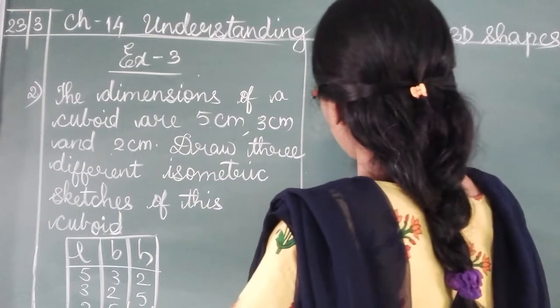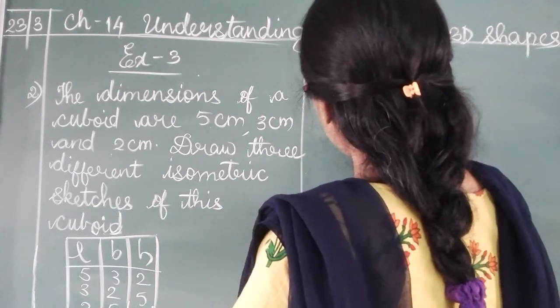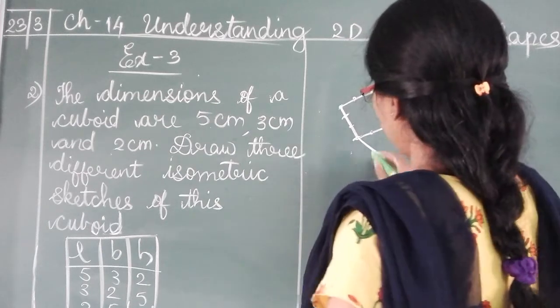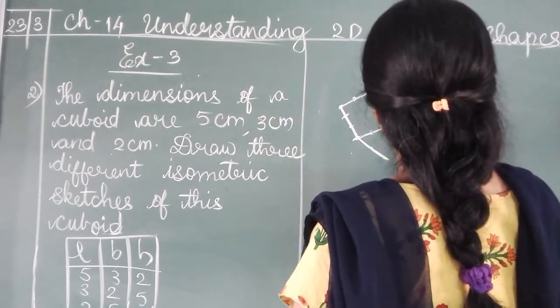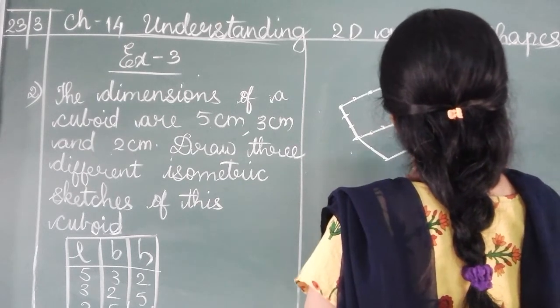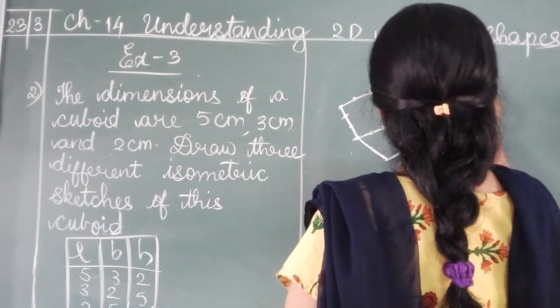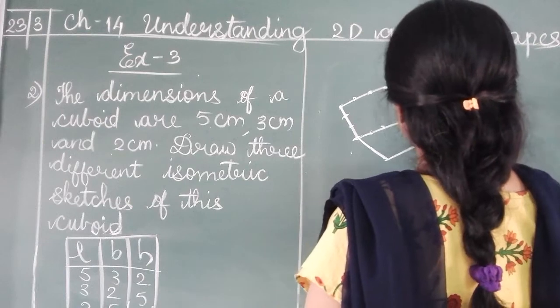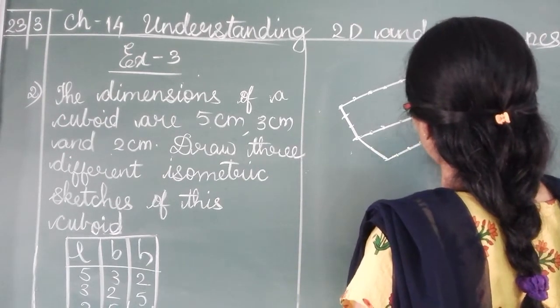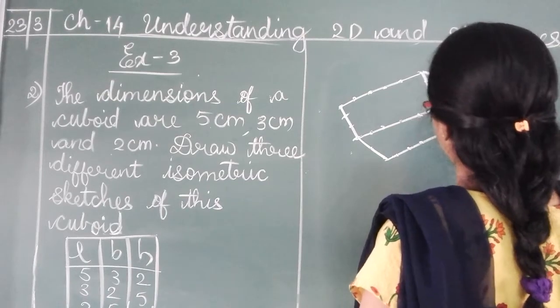In this case I am going down. This is 2, this is 2 and this is 2. If you join this, it's going to be 3 dots joined, and here 1, 2, 3, 4 and 5.